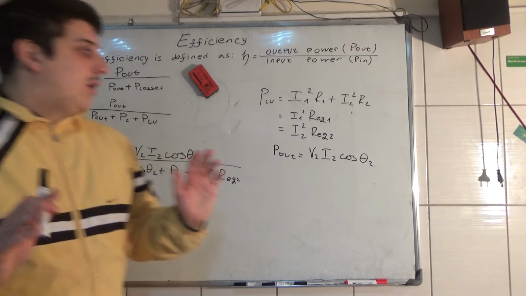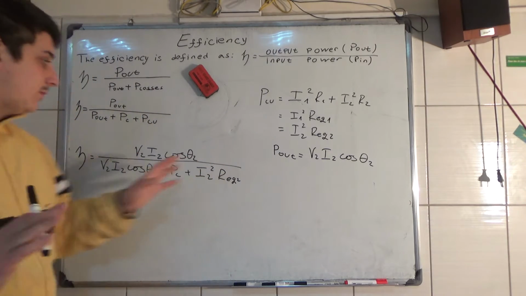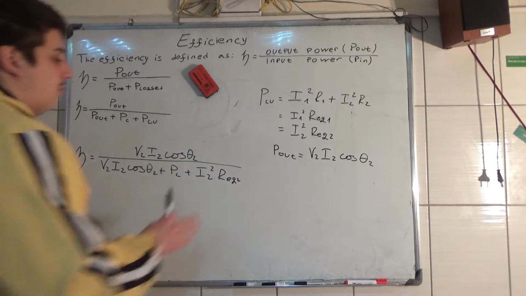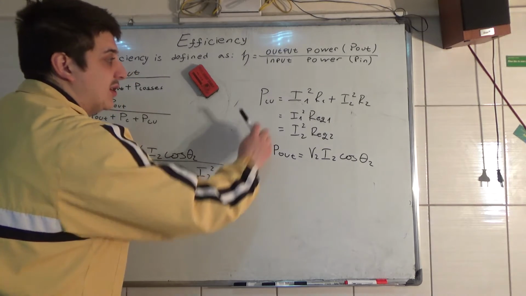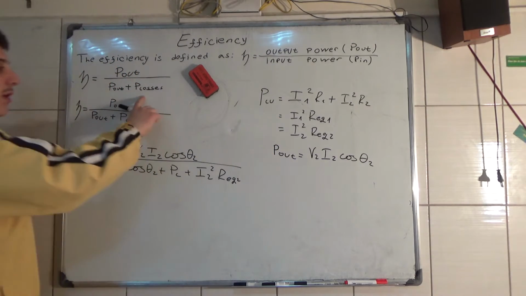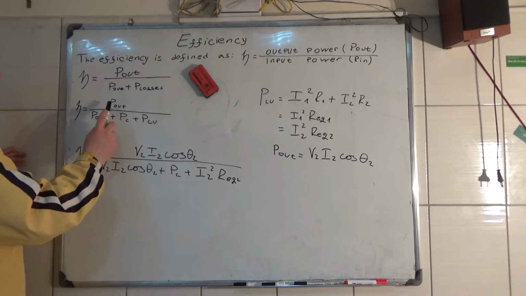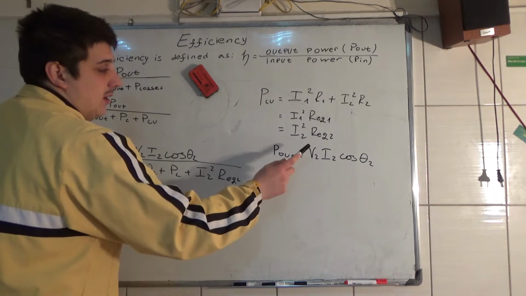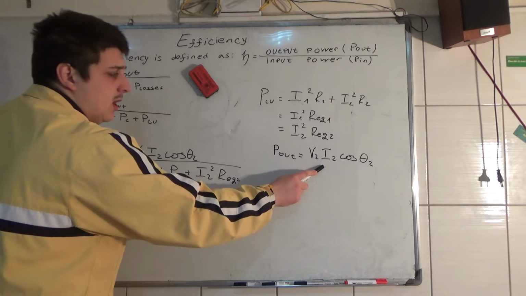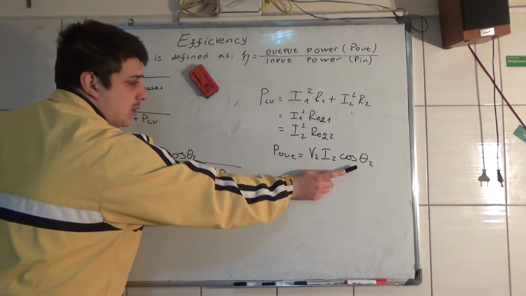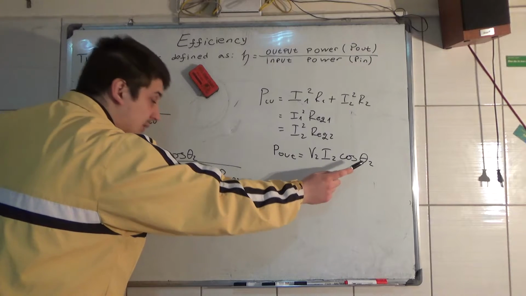Now, we can rewrite this formula over here. We see that the power output is equal to the phase voltage times the secondary current times cosine theta 2.